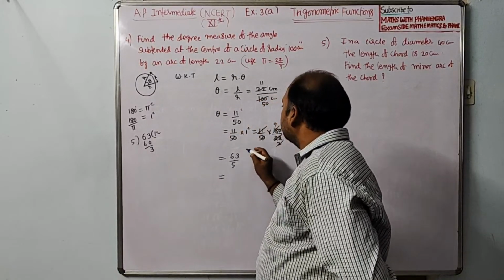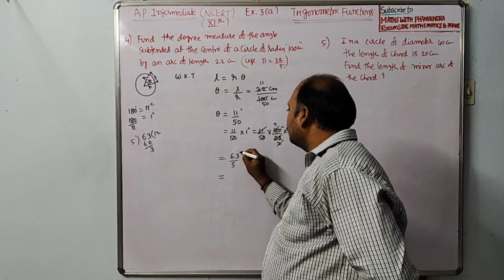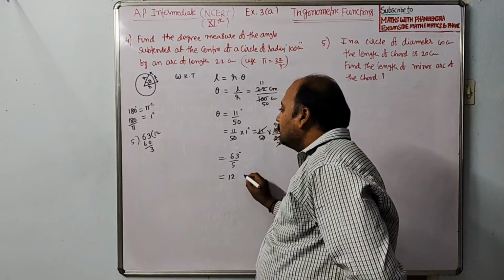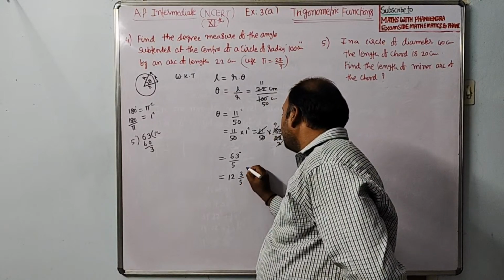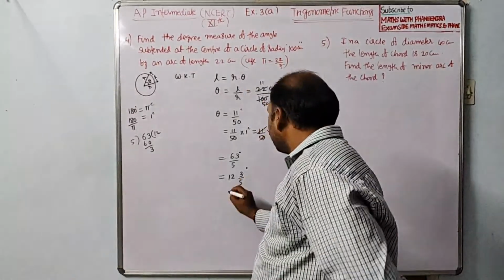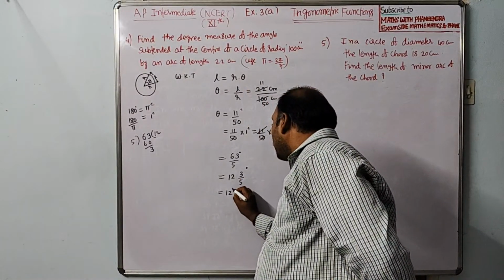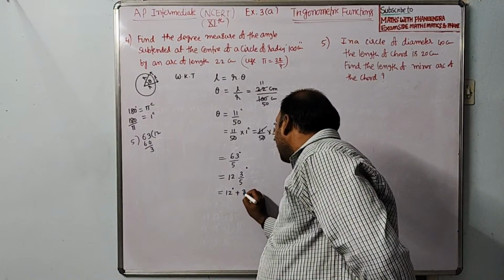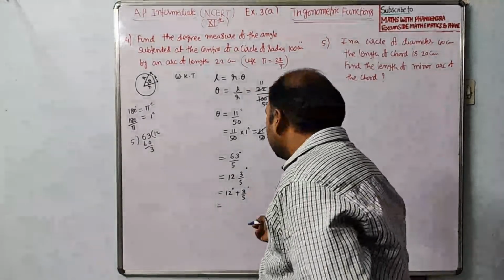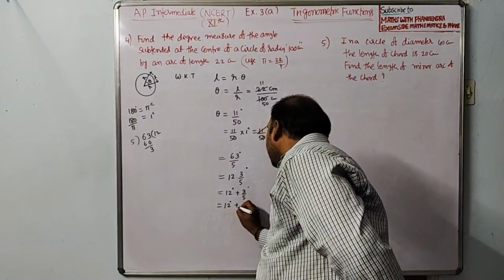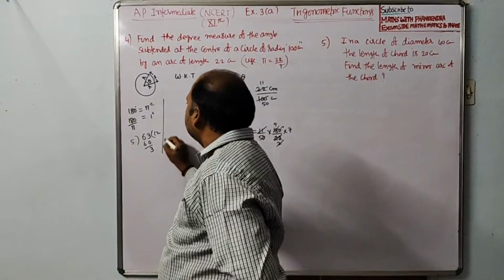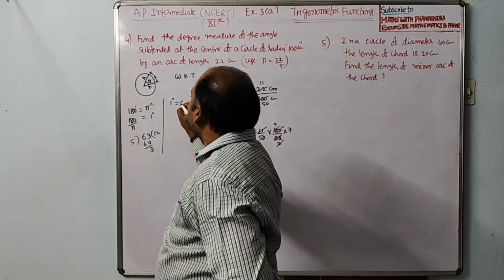So we can write it as, these are the converting into degrees now. So 12 degrees, so we cannot write like this. 3 by 5 degrees. 12, 3 by 5, mixed fraction. So it will be looking like 12 degrees plus 3 by 5 degrees. We can convert into minutes itself. 1 degree is equal to 60 minutes.